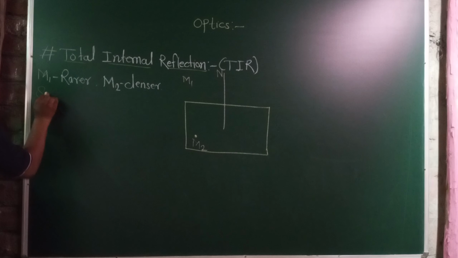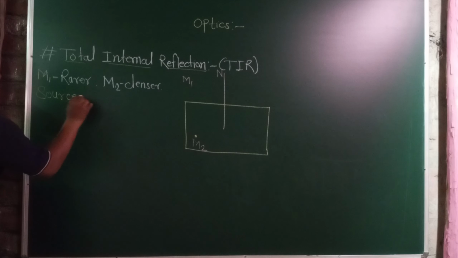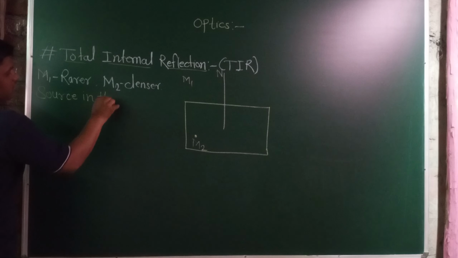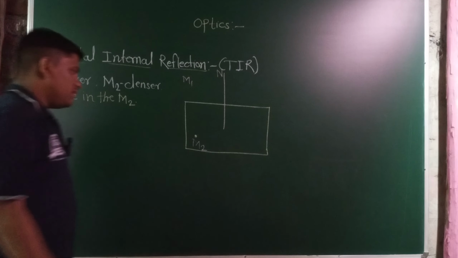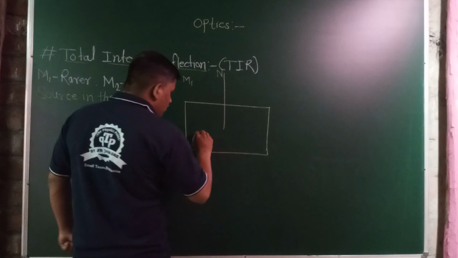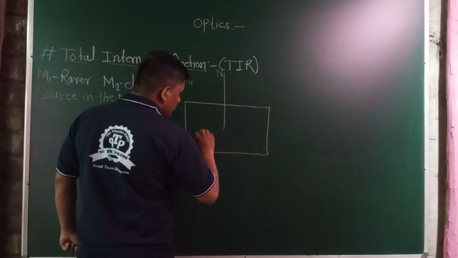The source is in M2, that is medium 2, the denser medium. Light travels from the denser medium to the rarer medium.